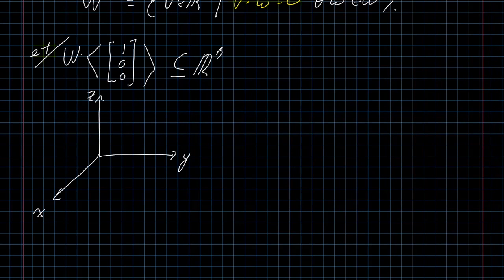And I guess I should name this. This is the span of this vector; this is what I'm using as W. All right, so 1, 0, 0 is a vector that goes in this direction. And every linear combination is any other vector that lies on the x-axis. You can get every vector on the x-axis, and you cannot get any vectors away from the x-axis.